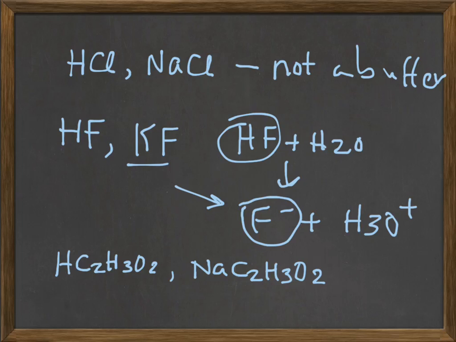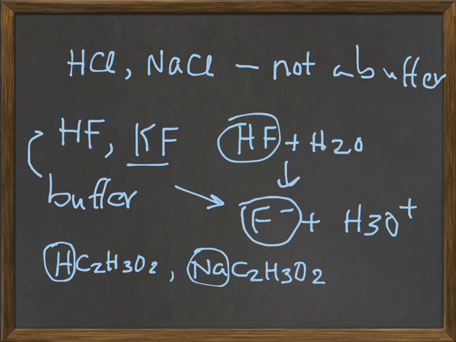The only difference here is this one has an H and this one has a sodium ion. You see that? In the HF and the KF, one has the hydrogen ion, one has a metal ion. And the HF is a weak acid, and so that one is a buffer. So this one's a buffer, and this one's a buffer.